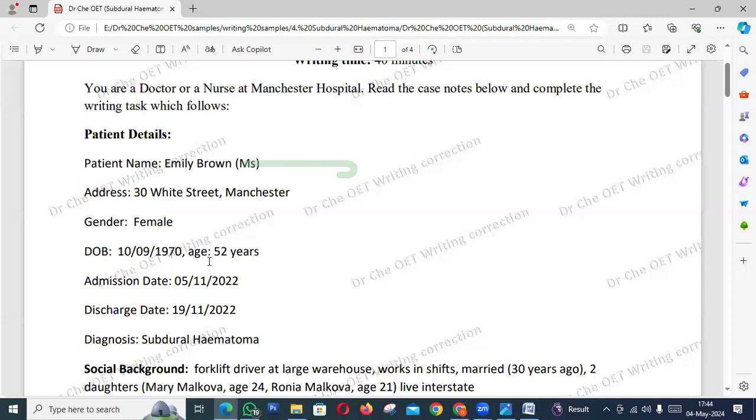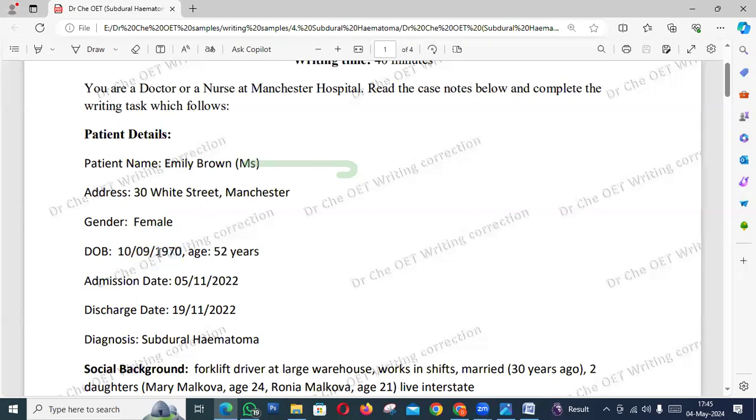You can write date of birth or you can write age. But what I personally prefer is age. You know why? We can write aged 52 years. I would prefer age because for me it is easy. What is the purpose of writing date of birth? To know the age of the patient.